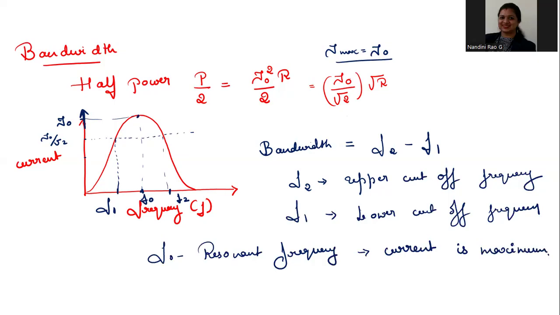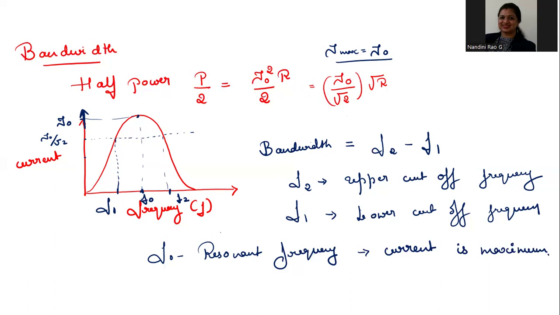So this is about the bandwidth, how exactly you can consider the half power condition. Everything we are considering under resonance condition only. Remember that. Otherwise, I should have written I naught square into Z. Instead, if not resonant, then I should have written it as I naught square into Z.